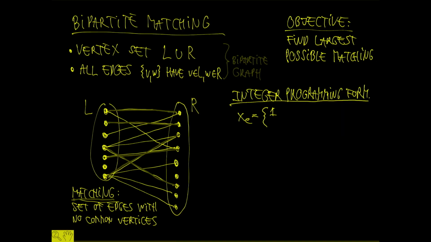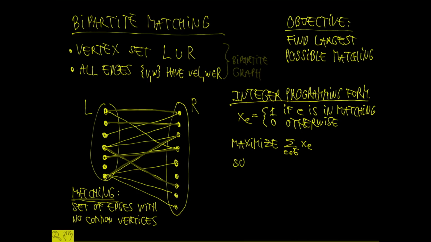So how do we do this? It's similar to what we have seen before. We define a decision variable xe that is going to be set to 1 if e is in the matching and 0 otherwise. Now we want to maximize the sum of these variables subject to constraints that say that this is really a matching.